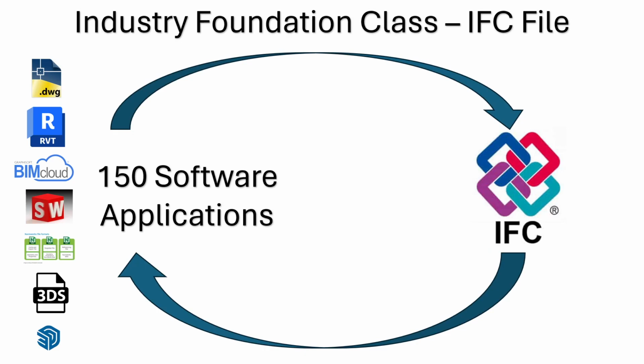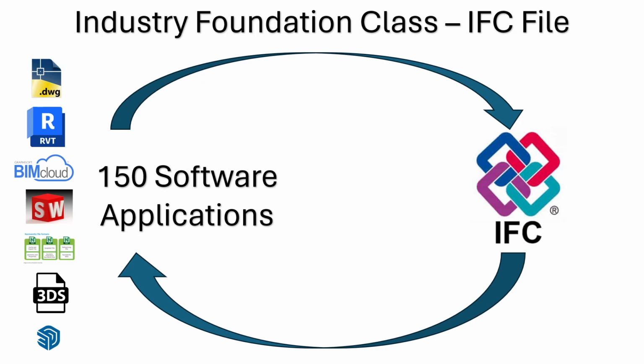So the Industry Foundation Class, what it's meant to do is allow you to export your files from Revit into IFC. Now I can then take my IFC into any of the other BIM platforms, of which there are currently 150 out there.